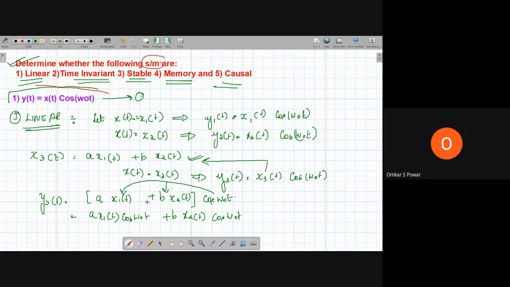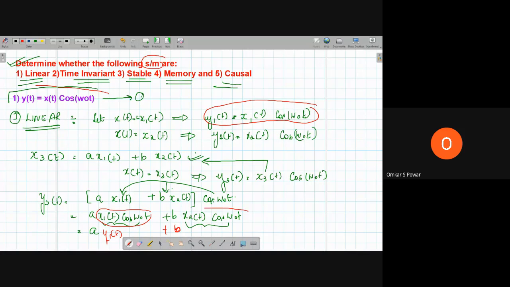Now I will take this term here and this term here. So a we will keep as it is. What is this? x1 of t into cos omega naught of t is equal to y1 of t, so a into y1 of t, plus b we will write as it is.